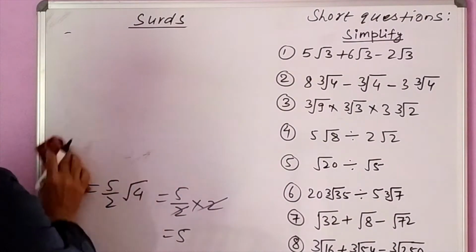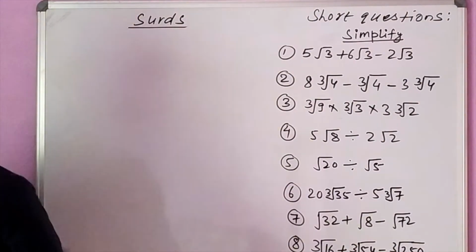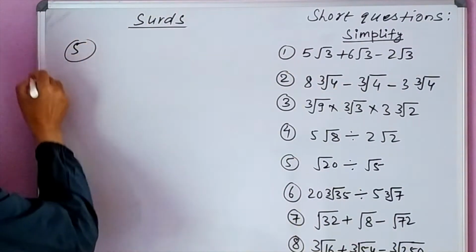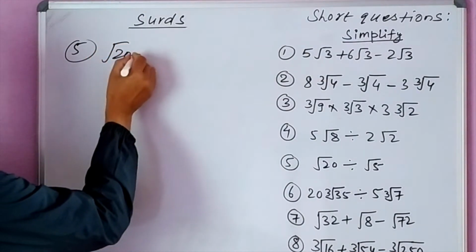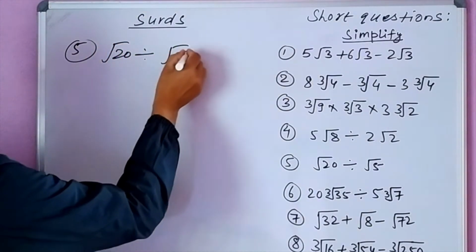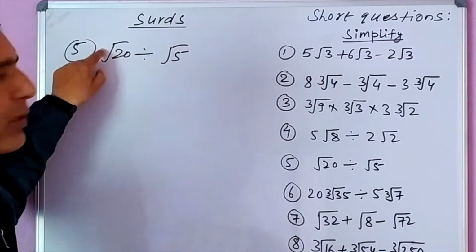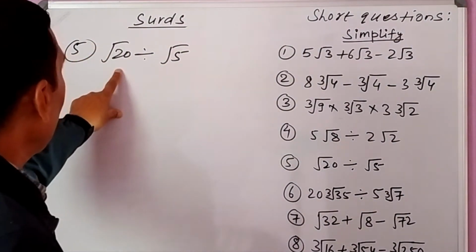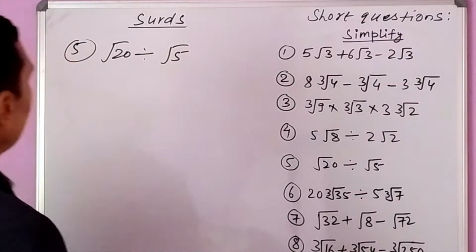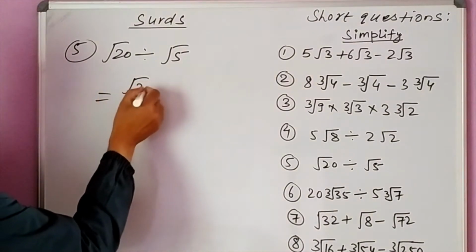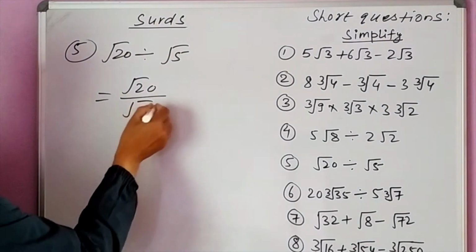It is also in division form. Very simple question. Question 5: we have under root 20 divided by under root 5. If there is nothing written, the order is 2, so it is square root of 20 divided by square root of 5. It can be written as square root of 20 upon square root of 5.